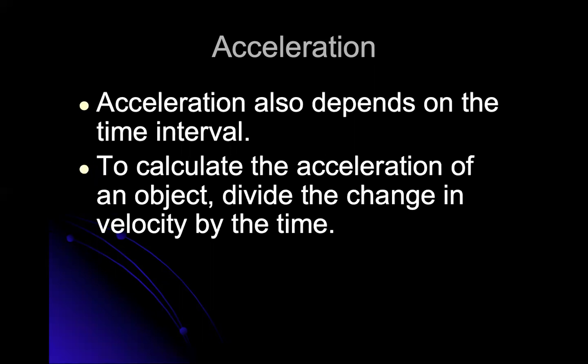So to calculate the acceleration of an object, divide the change in velocity by time. Here, the final velocity minus the initial velocity, or change in velocity, divided by time, is the acceleration. That's our formula.